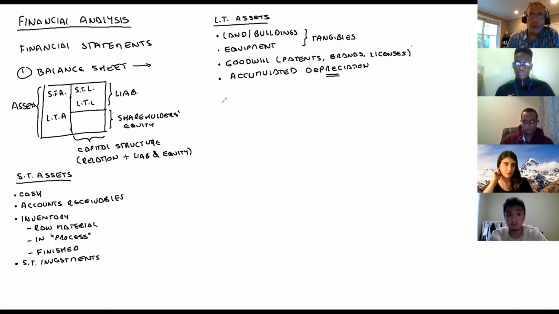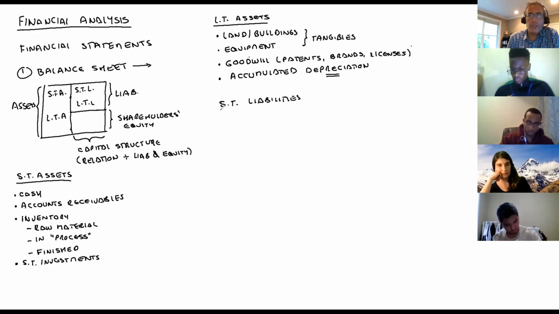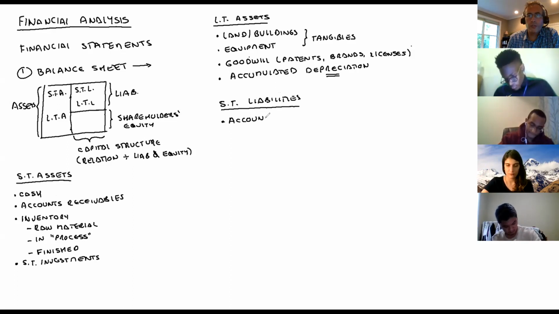So we can now discuss the short-term liabilities. In the short-term liabilities, guys, of course, we have accounts payable. This is what you owe to your suppliers. You need to pay them in 30, 60 days.